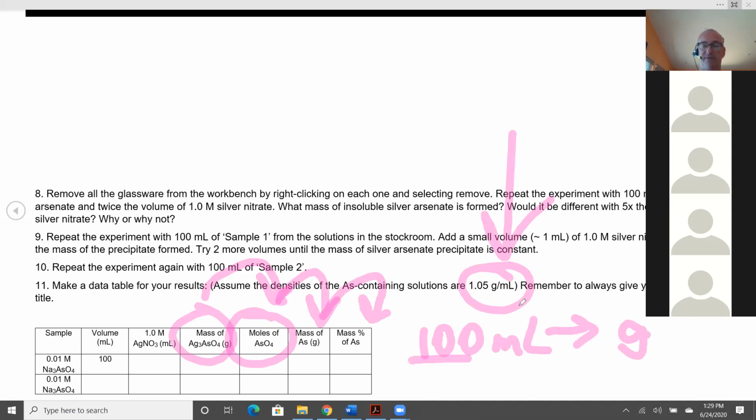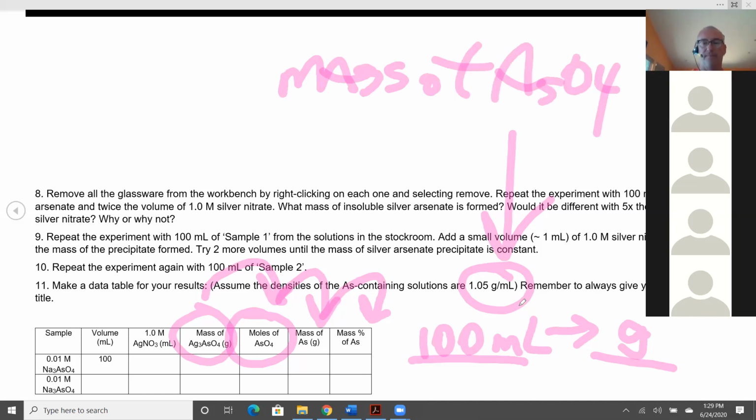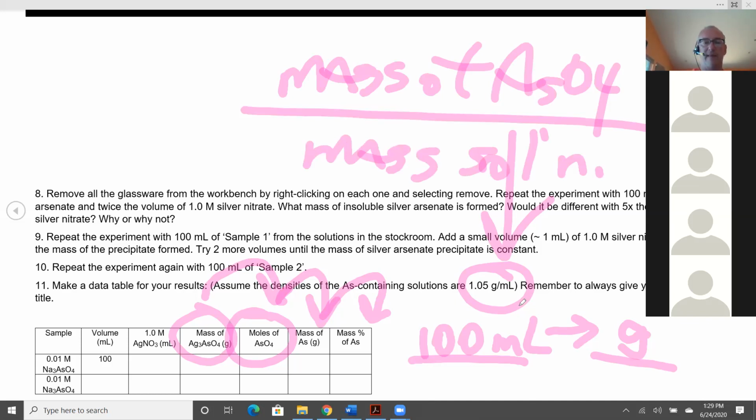So you convert however much volume you used to grams, and then you take the mass of the arsenate and divide it by the total mass of the solution. And then that gives you the mass percentage. Oh, I'll multiply it by 100, of course, since it's a percent. Okay.